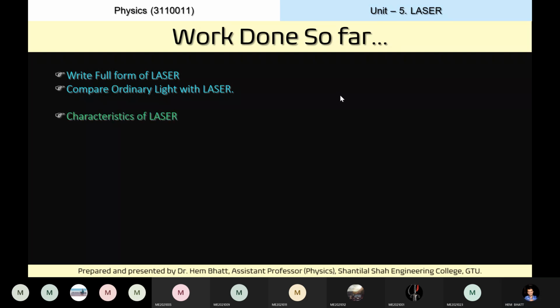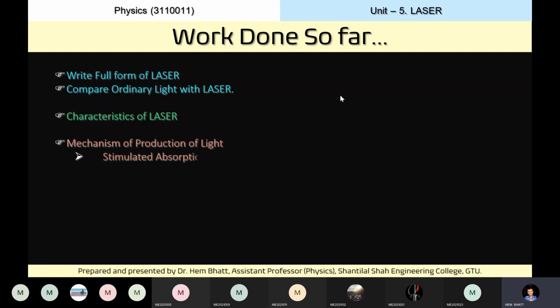So work done so far includes the full form of laser, comparison of ordinary light and laser, characteristics of laser, then how light is produced.